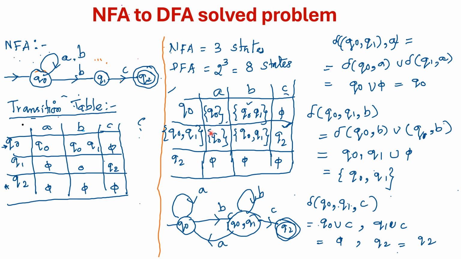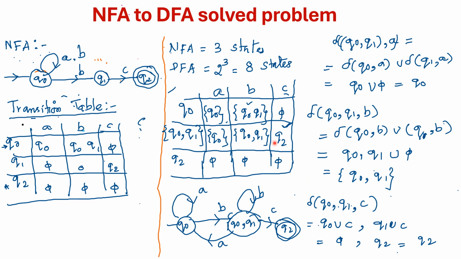Like that we have to find all the transitions, and again we get the transitions Q naught and Q1. Here Q naught Q1 on A we get Q naught alone, which is already old, and this is also old, so the only new state we get is this one. Q2 on A is null, Q2 on B is also null, and Q2 on C is also null, so we leave it.